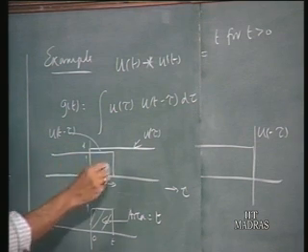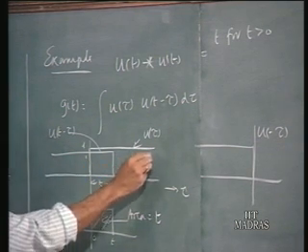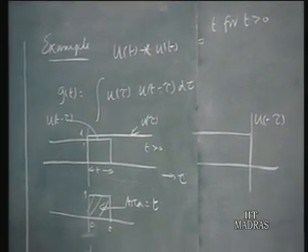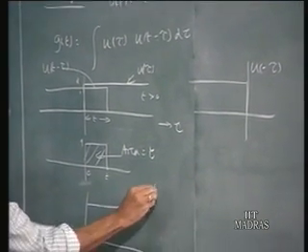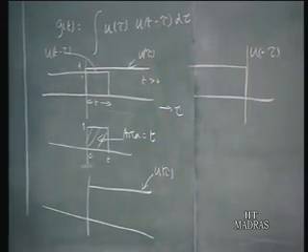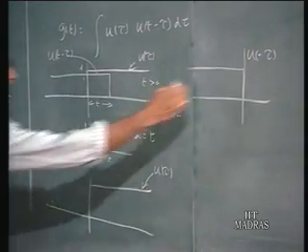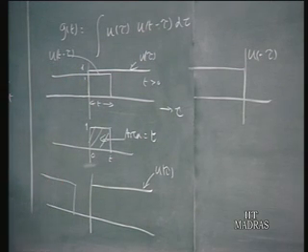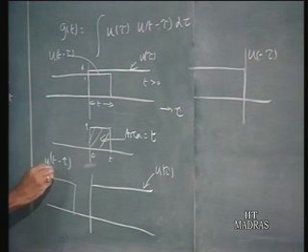Now let us imagine what happens for negative t. What you have pictured here is for t greater than 0. What happens when t is less than 0? So this is u of tau, this is u of minus tau. For negative t, you shift it in the other direction. Therefore you have a curve like this, that will be u of t minus tau for t less than 0.